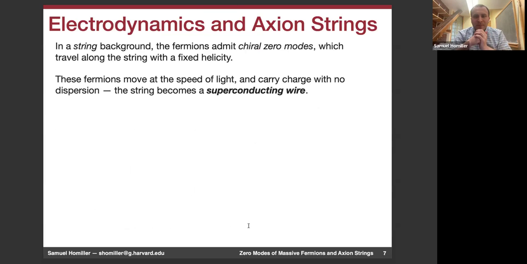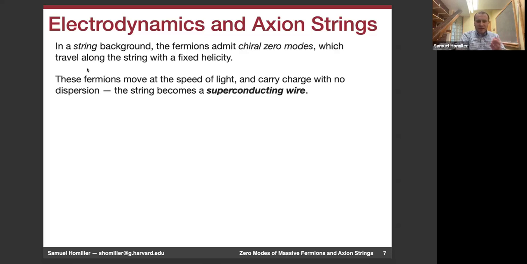Okay. And so this is the stage that I'm mostly going to be considering for the rest of the talk: this context of axion strings and electrodynamics. It's been well understood since the 80s that in the string background, as I'll prove in more detail than you probably ever wanted to see about classical axion electrodynamics, these fermions admit chiral zero modes that are localized to the string and travel along the string with a fixed helicity.